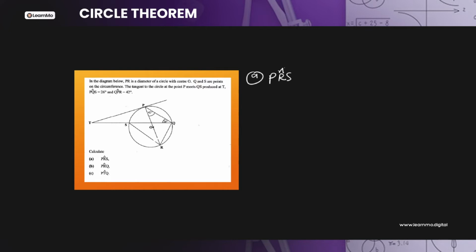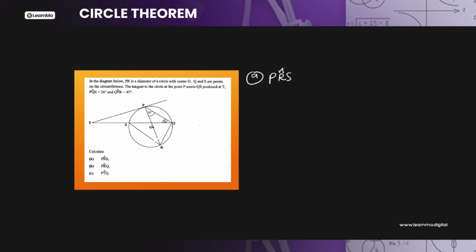There is a theorem that states that angles coming from the same segment touching a circumference are always equal. If we look at the 26 here, its base is touching at this point and its other base is touching at this point. The same thing is happening for the angle that we want to find.